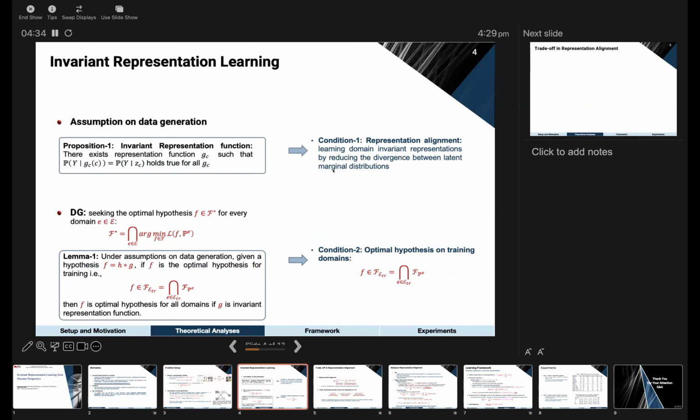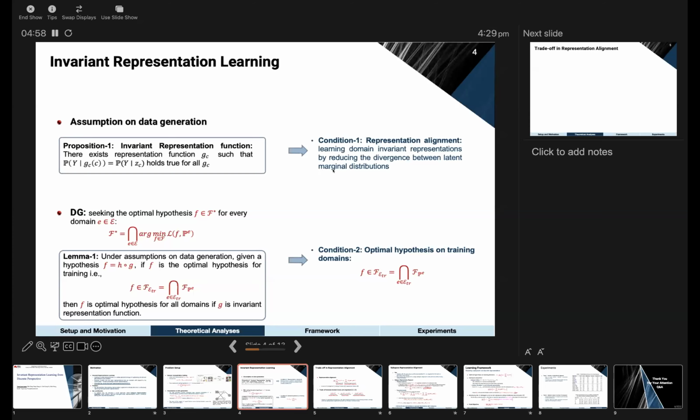And now we turn to the question of how to learn the invariant representation under our setting. First, we can directly infer the first condition from the assumption of data generation. We recall that the label information only depends on the causal factor.